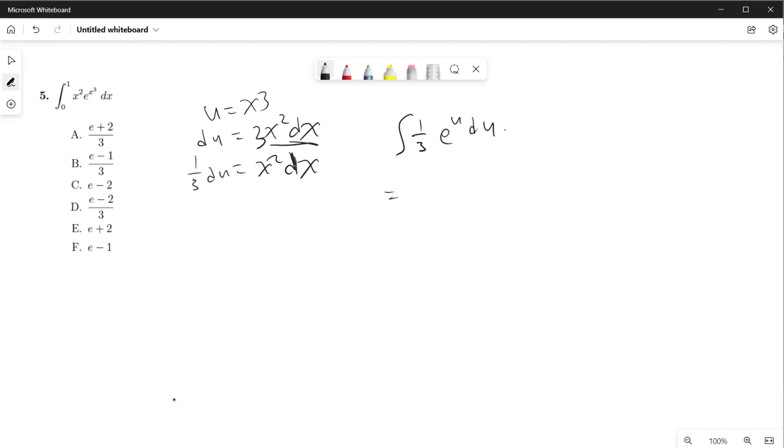So that would just be 1/3 e to the u. And then plug in the bounds and x. That would be 1/3 e to the x cubed over 0 and 1. So 1/3 times e to the 1 cubed, so just e, minus e to the 0, which is 1. So then b will be our answer.